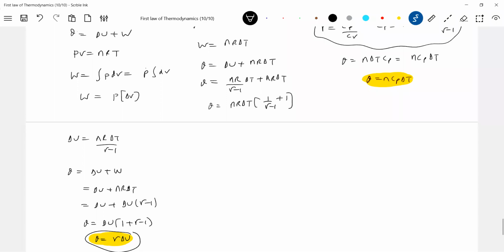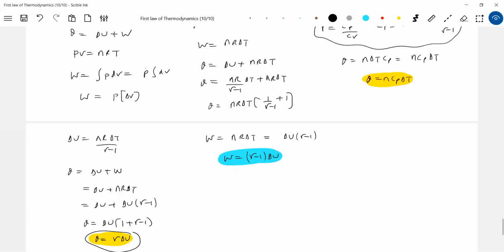So next again, I know delta U. So W is equal to nR delta T. nR delta T, what you can write it as, already we know, it should be equal to delta U into gamma minus 1. Okay, there's one more equation. In isobaric process, work done by gas is equal to gamma minus 1 into delta U.